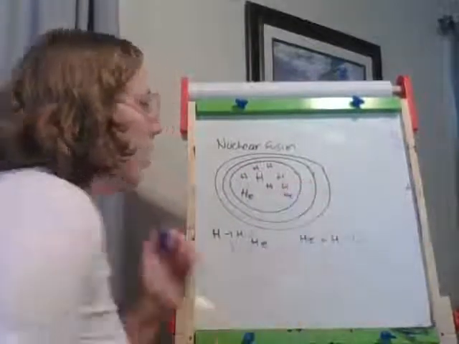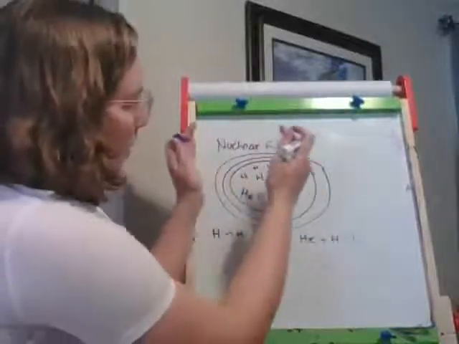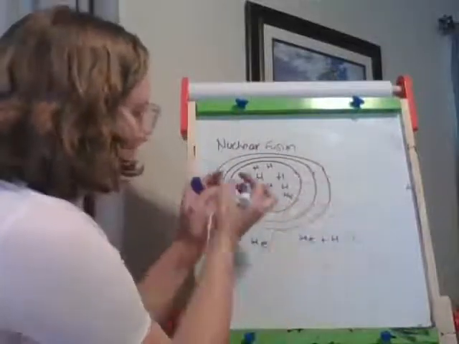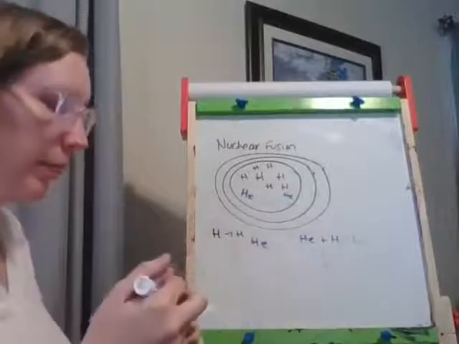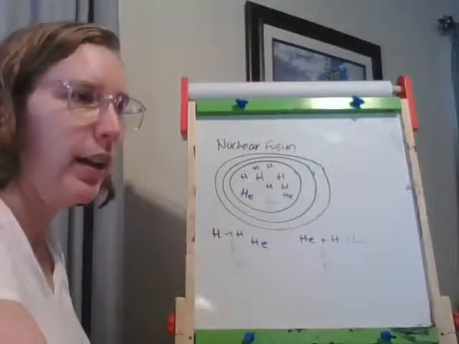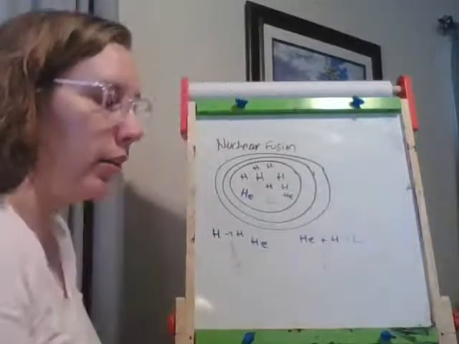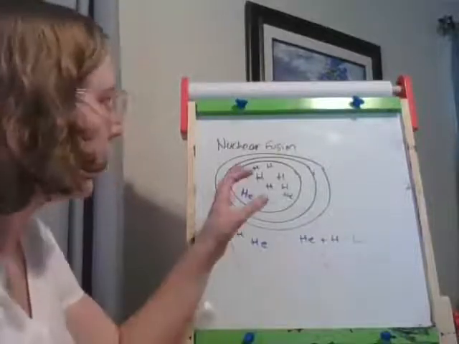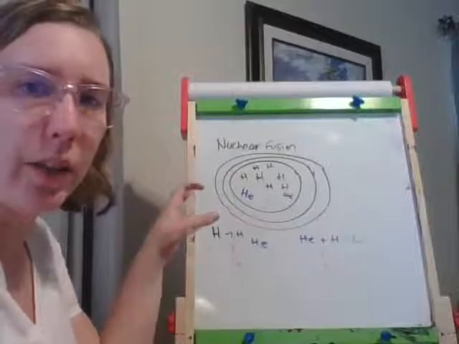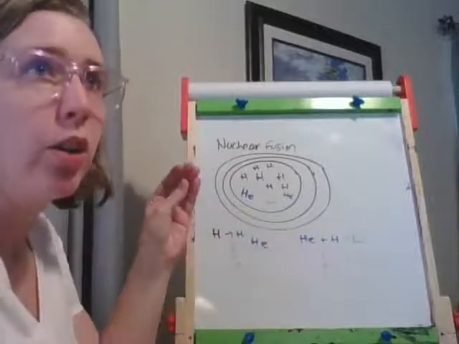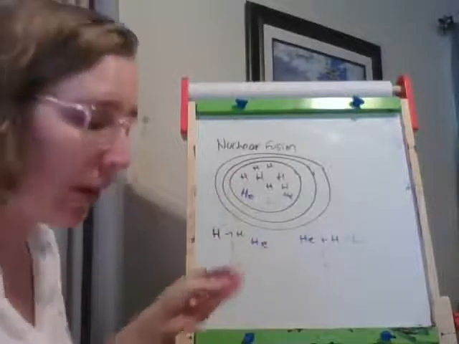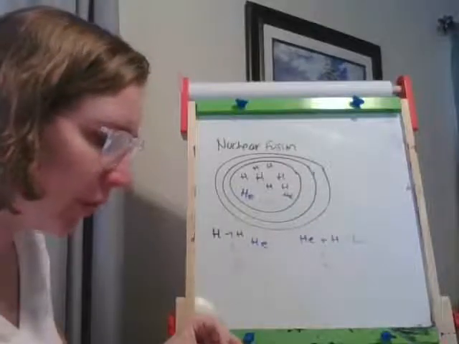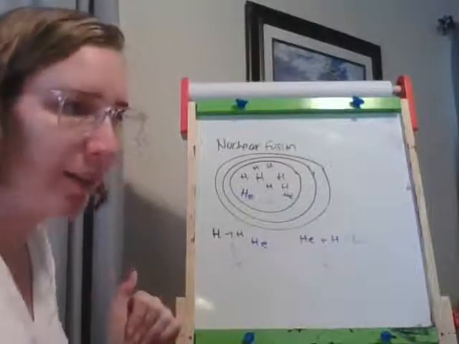So what ends up happening is layer by layer, these elements actually separate into layers. So when we look at the layers of the sun, a star holds all of these elements inside of it and is creating elements inside of that star all the way up to iron, the 26th element.